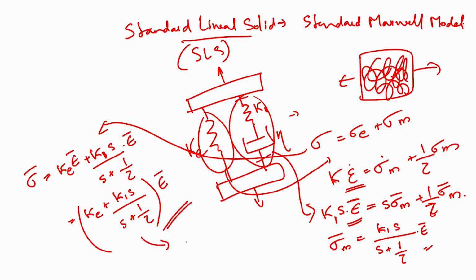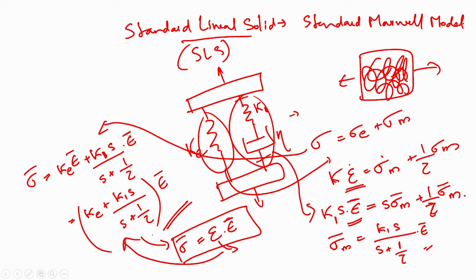Basically this result can be represented as sigma dash is equal to some value E times epsilon bar, so it is more like the previous expression that we wrote. Where E is equal to Ke plus, basically, this constant within the bracket. This is a model parameter that relates stress as well as strain in the Laplace domain.